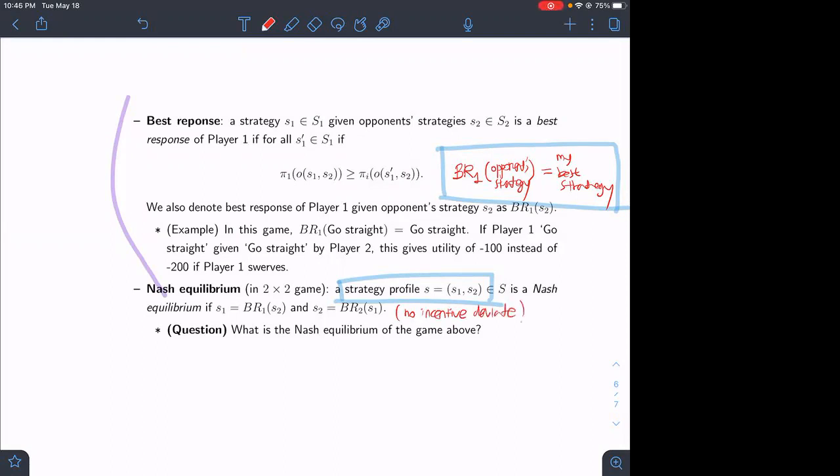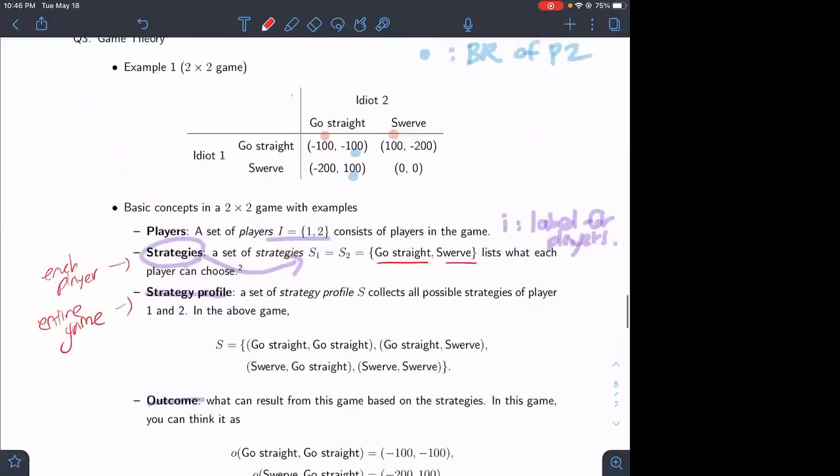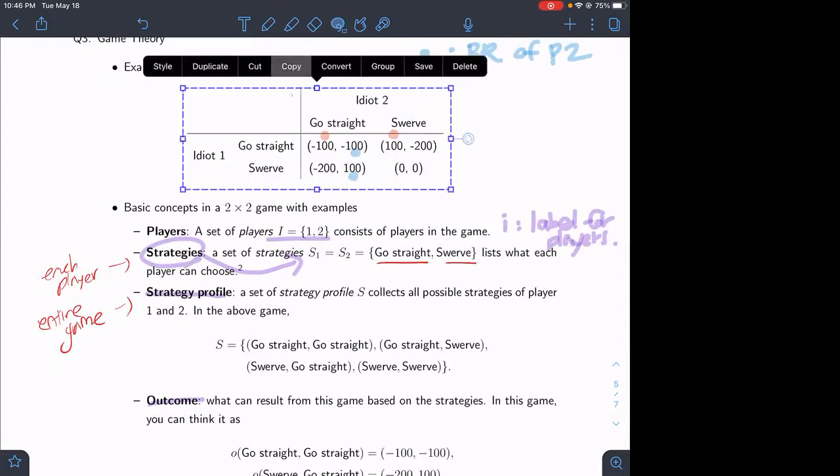Yes, right, very good. There should be no incentive to deviate from the Nash equilibrium, because they were the best responses. Very good. You're correct. What is the Nash equilibrium of the game above? Let me copy and paste the game. Copy.